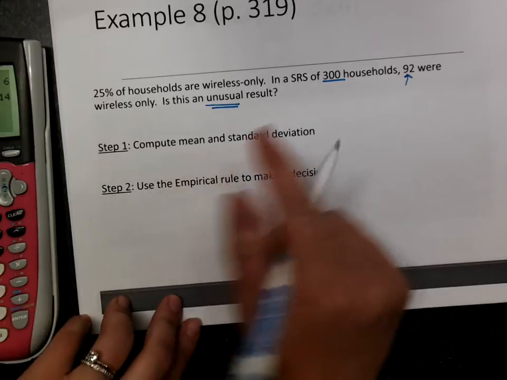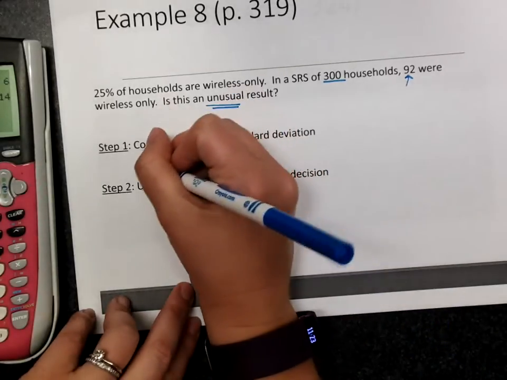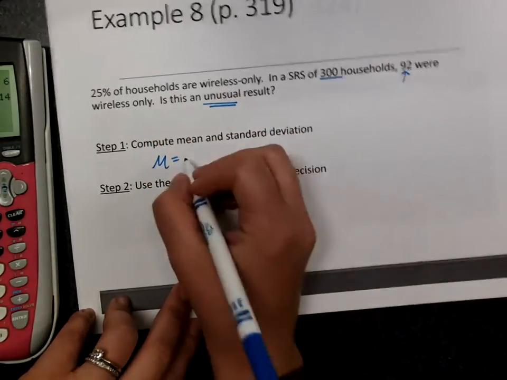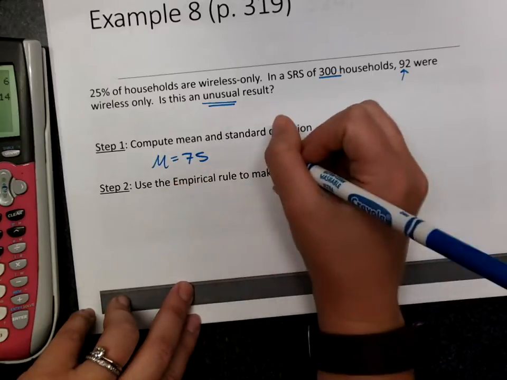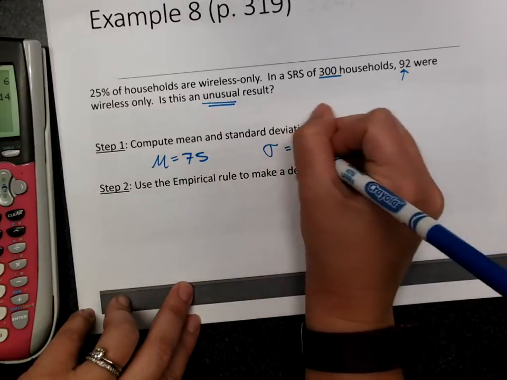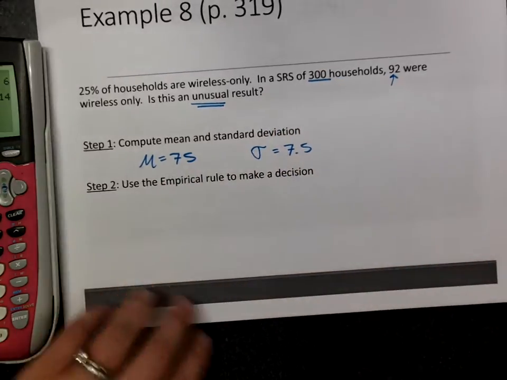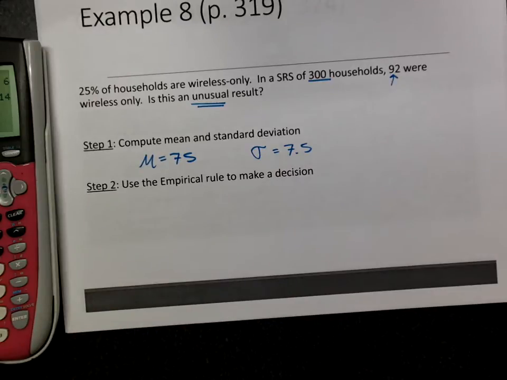Well, we've already figured out the mean and the standard deviation. If you remember back to that other example, the mean was 75, and the standard deviation, I believe, was 7.5. Let me find that just to make sure. There we go. Yep, 7.5.